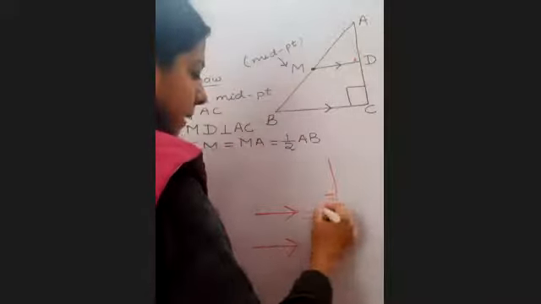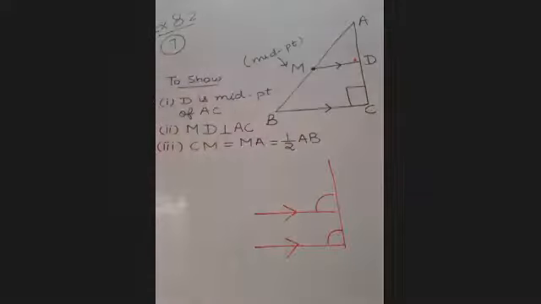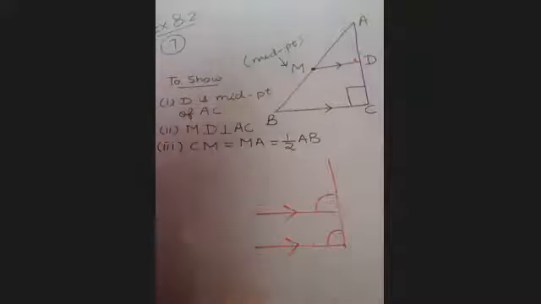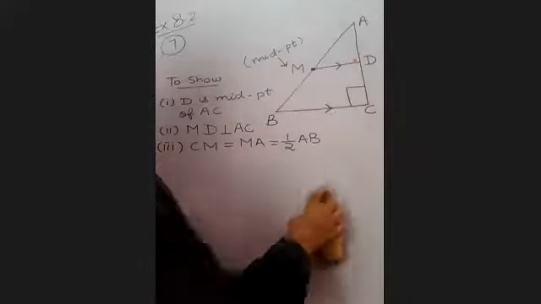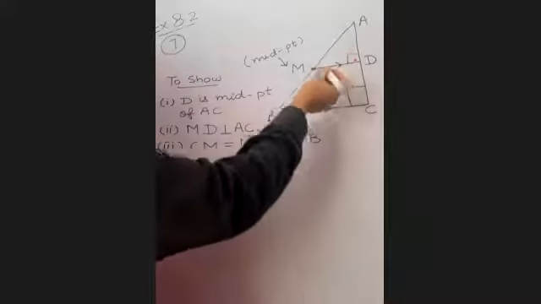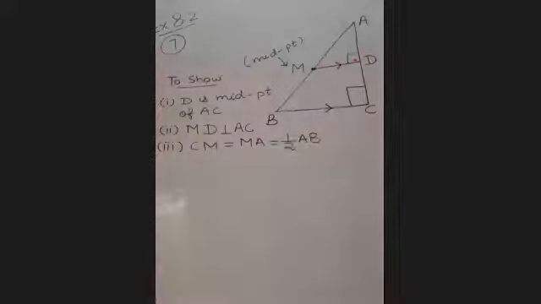So when lines are parallel, these angles are known as corresponding angles, and when lines are parallel, corresponding angles are equal. So if this is 90, this will also be 90. So when this angle is 90, for sure we get MD perpendicular to AC.